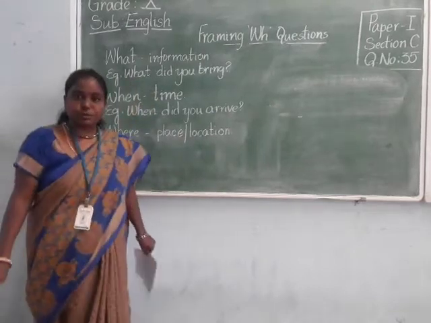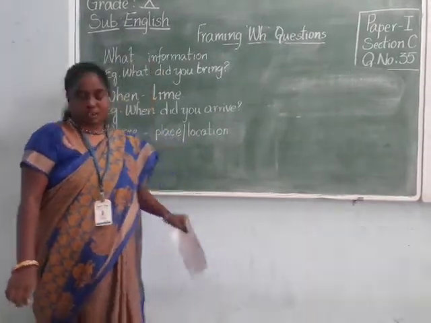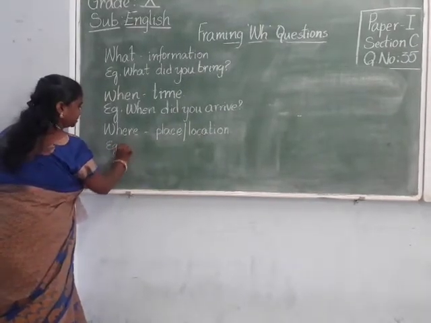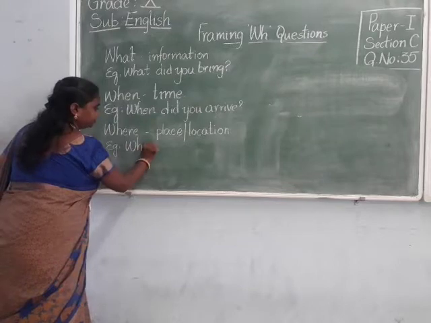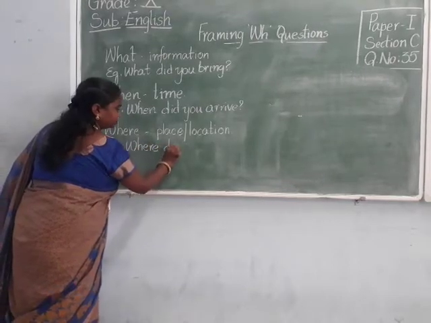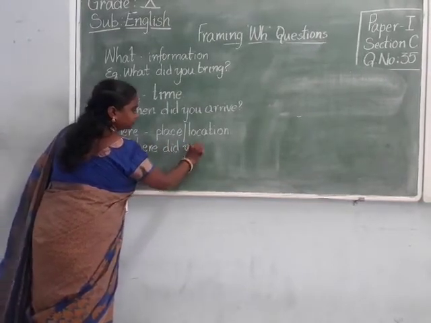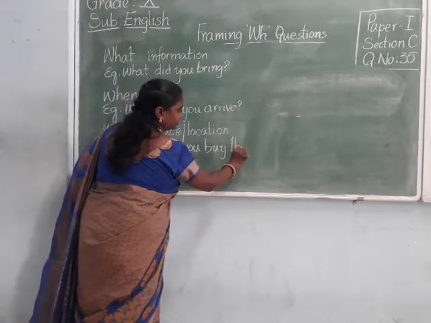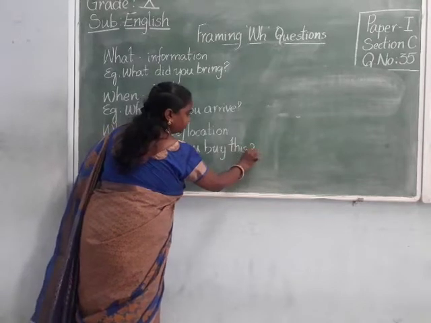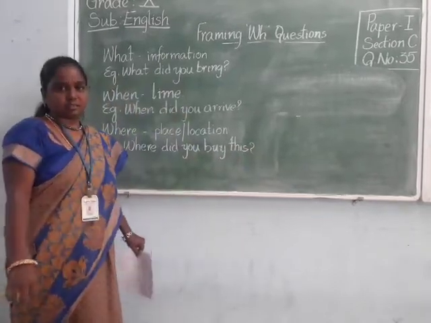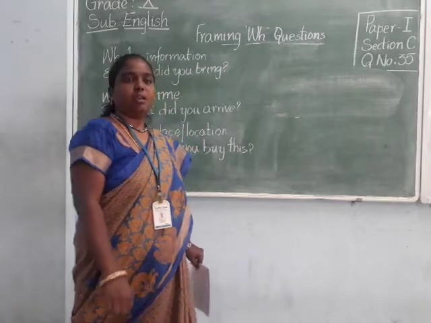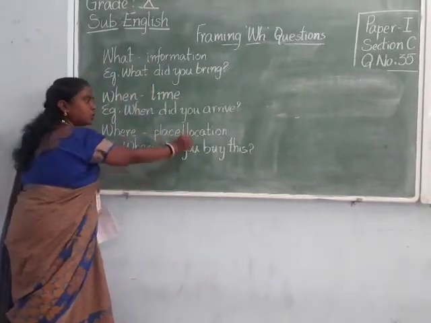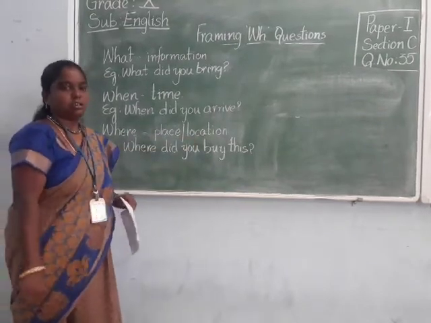For example, where did you buy this? Where do you stay? Where do you live? So, where is used to know about place or location.